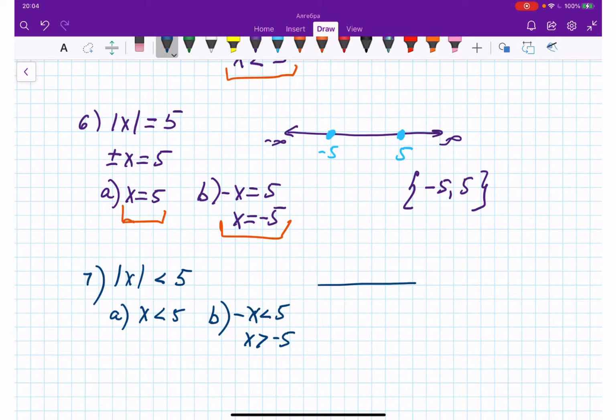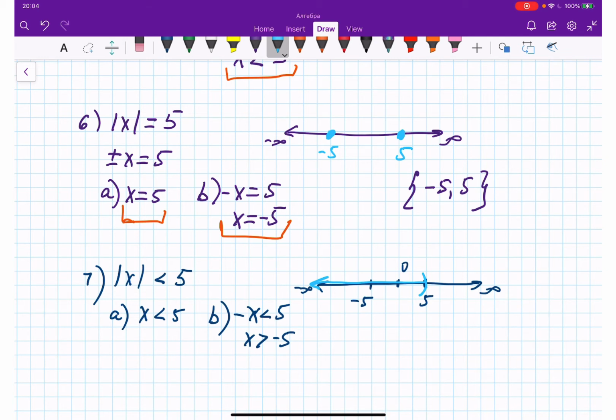Let's provide a line. Negative infinity, positive infinity. If this is 0, let me take two cells to the right, to the left. Let's say this is negative 5, this is positive 5. What do we have? Less than 5, because the equal sign is missing. I put parentheses, less than 5. Comes this way.